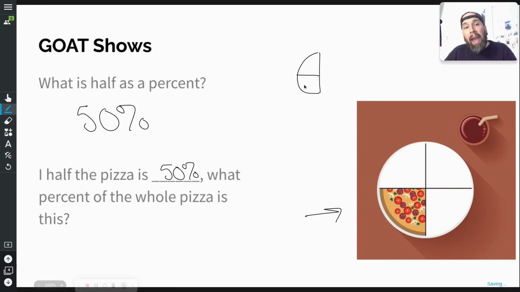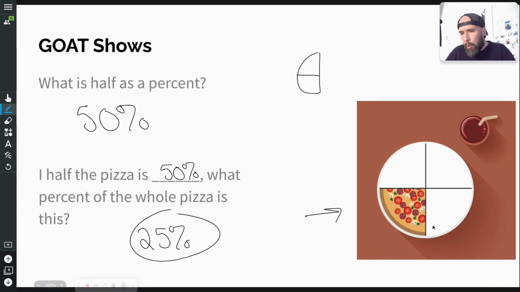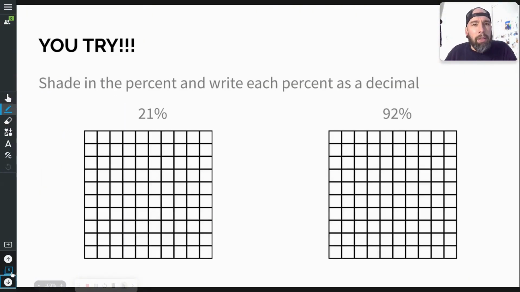We're taking half of a half. So I'm going to divide 50 by 2. 50 divided by 2 is 25%. So this is a quarter, okay? And a quarter is 25%. All right, we're putting the pieces a little bit together.